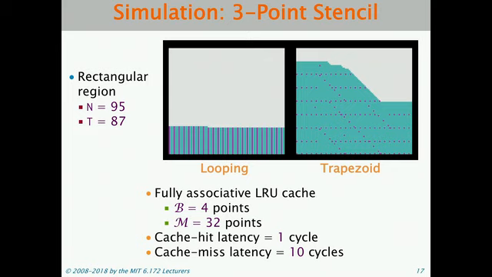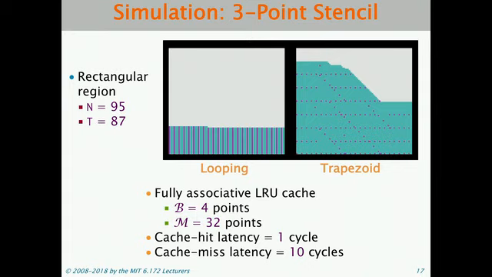And we're going to assume a fully associative cache using the LRU replacement policy, where the cache line size is 4 points and the cache size is 32 points. And we're going to set the cache hit latency to be 1 cycle and the cache miss latency to be 10 cycles, so an order of magnitude slower for cache misses. And we're doing this for a rectangular region where N is 95, and we're doing it for 87 time steps.